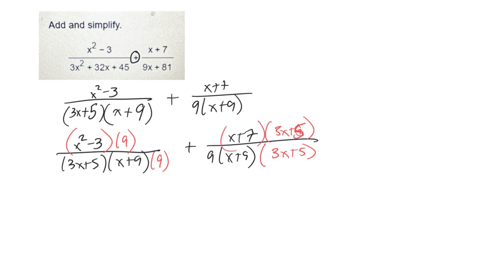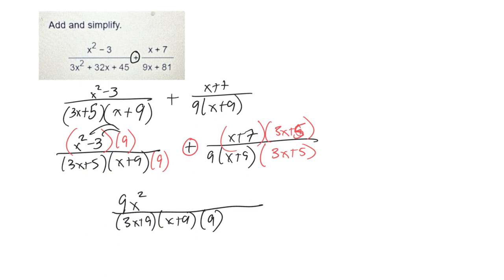Okay, so since I'm adding, I don't have to worry about that dirty, rotten, filthy, stinking negative. So I'll just write my denominator because now it's common. And then on the top, I'll multiply those through. So 9x squared minus 27, and then plus 3x squared plus 5x plus 21x plus 35.